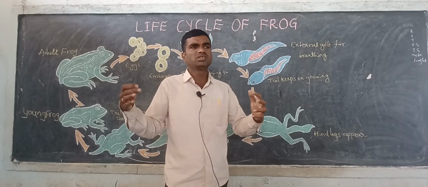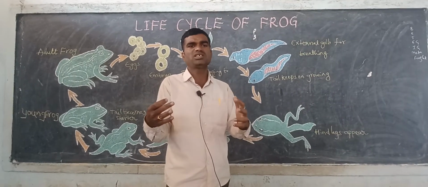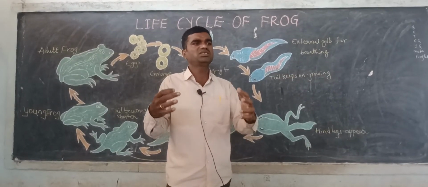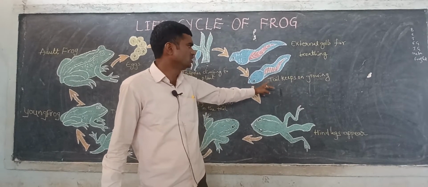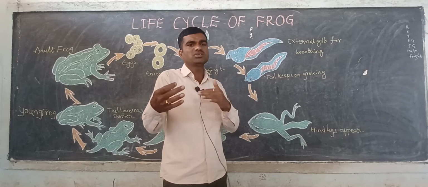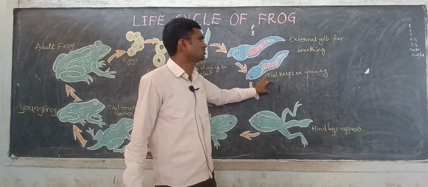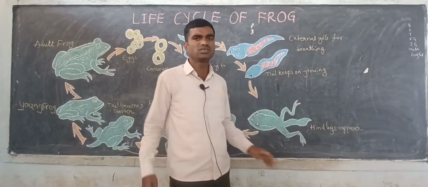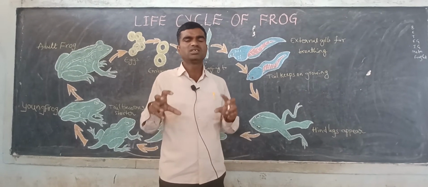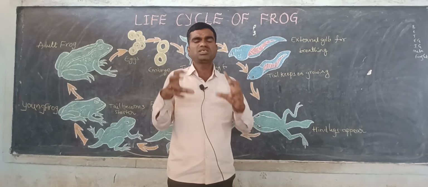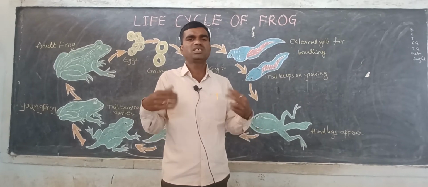Social means they are moving from one place to another. This movement is called swimming. So they are swimming in the water, fish-like swimming is going on in this stage, and the tail keeps on growing. Whenever they continuously take food material, they have some changes, internal or external.